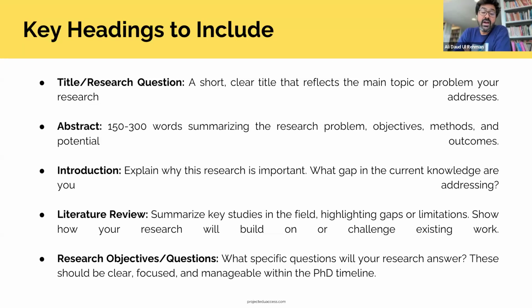You can then identify, A, why they are important, and B, why your research is important. For example, what are the things that these works have not addressed? This is how you can position your research relative to key works, but you can also build on those works.